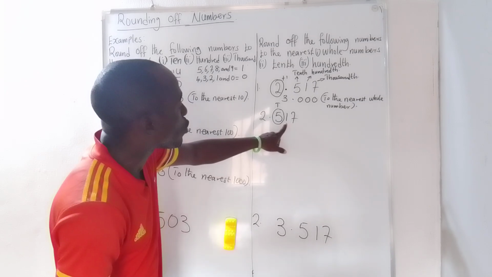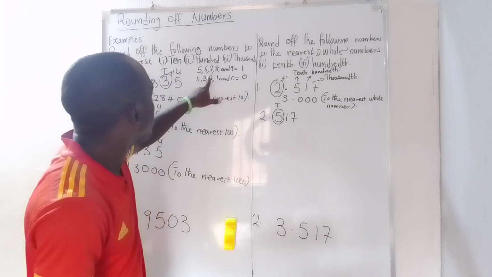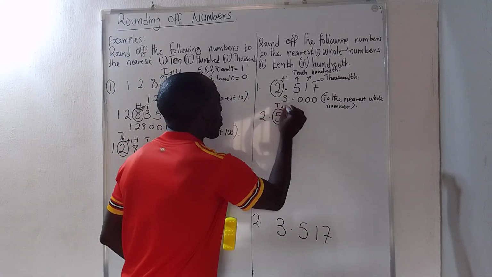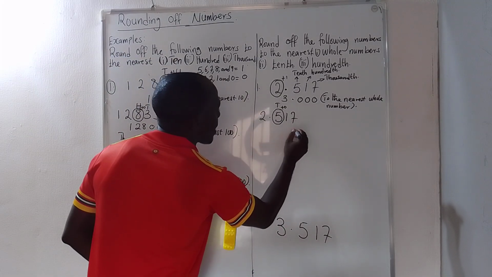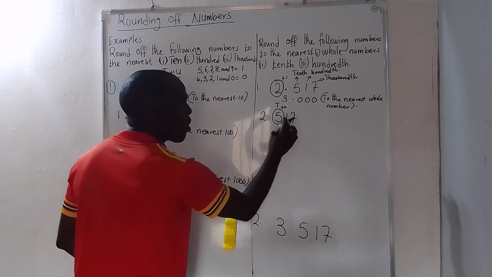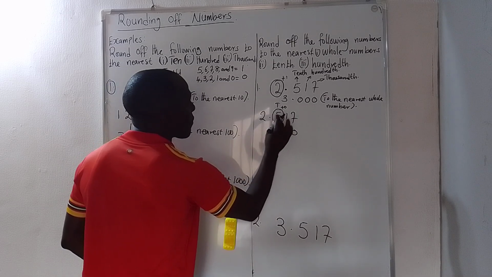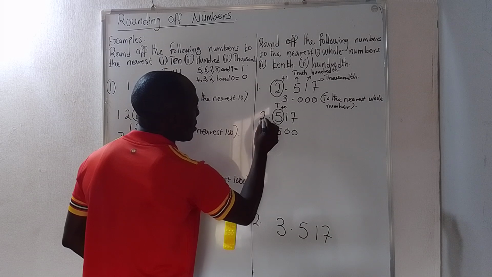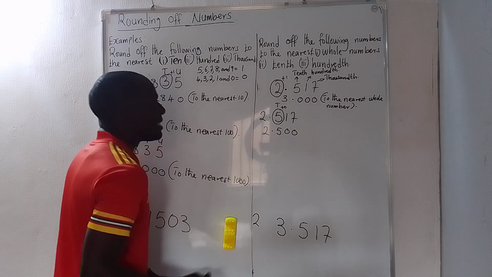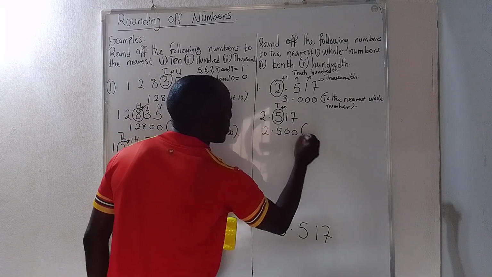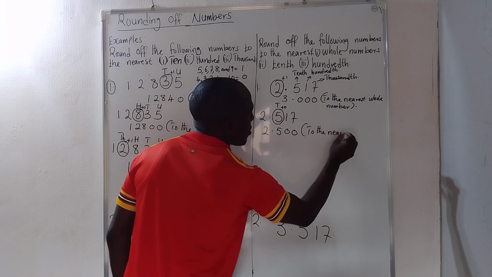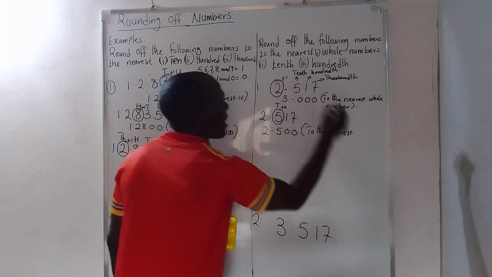The number close to it is 1. Where can we find 1? 1 is here, and we automatically change it to plus 0. So what happens to 7? 7 becomes 0. 1 becomes 0. 5 plus 0 is 5. Bring down your point. Bring down your 2. This is the answer to the nearest tenth.